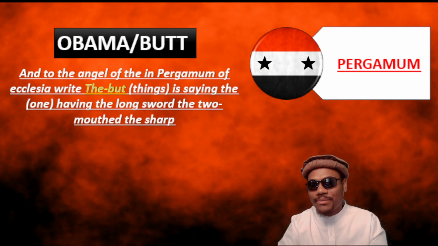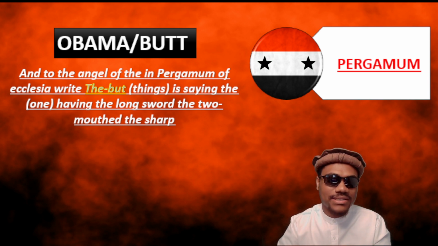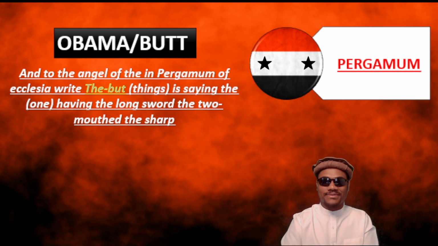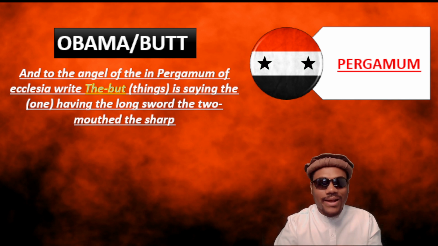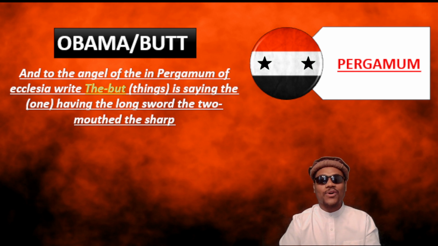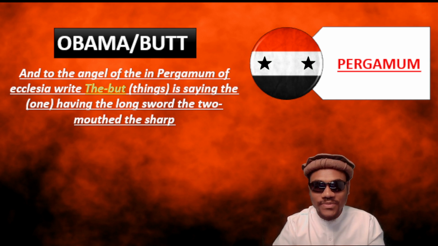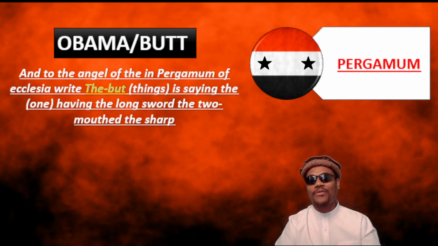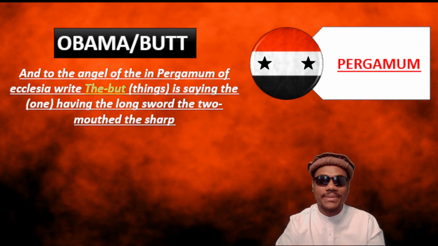All right, so Obama, you see, he's clearly a liar. That's what he does. That's what he continues to do. He's going to continue to do that all the way to the end. So he's saying, and to the angel of the in Pergamum of Ecclesia, write the but things is saying, the one having the long sword, the two mouth, the sharp. So he's claiming to have the long sword, the two mouth, the sharp, which he doesn't.